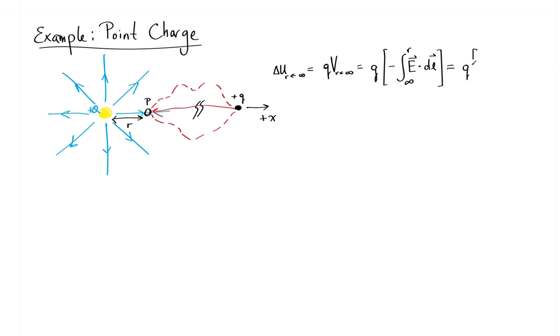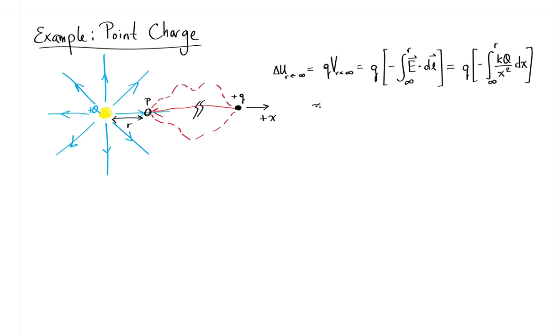So it's going to be q times minus the integral from infinity to position r of k, Coulomb's constant, times big Q over x squared dx. We're integrating backwards from way out here at infinity all the way to a distance r away.